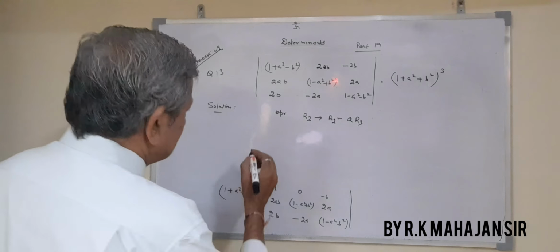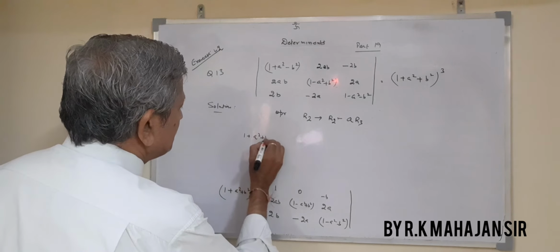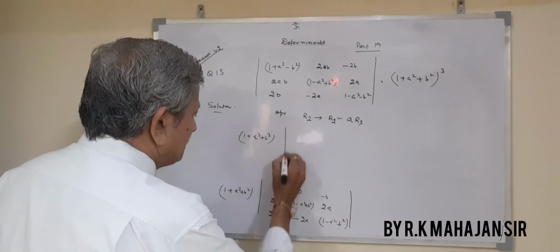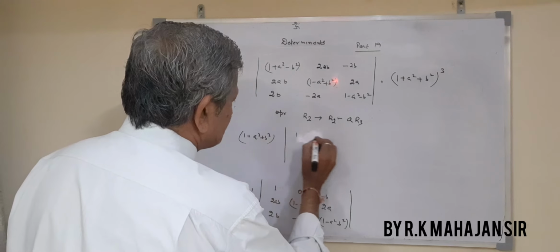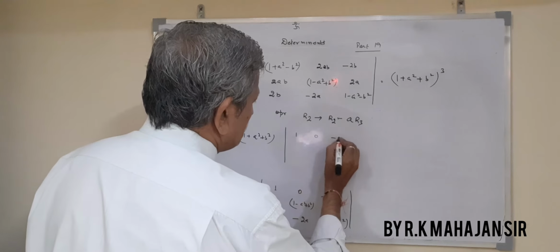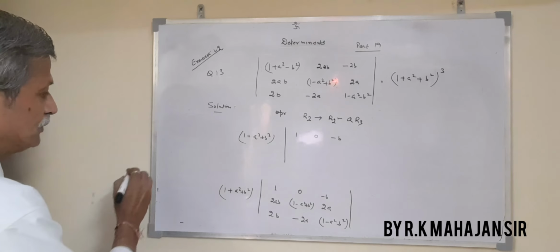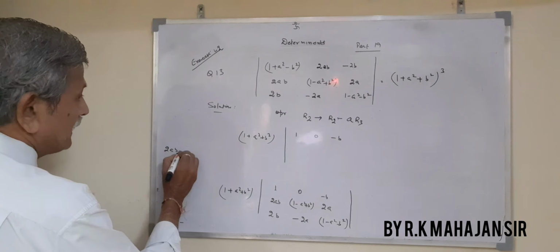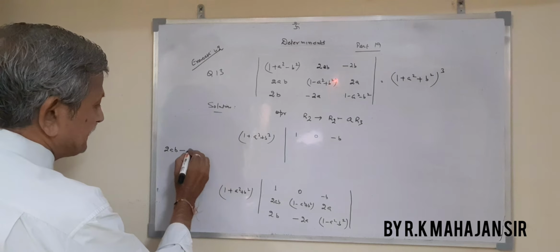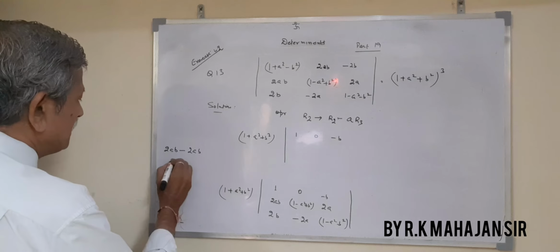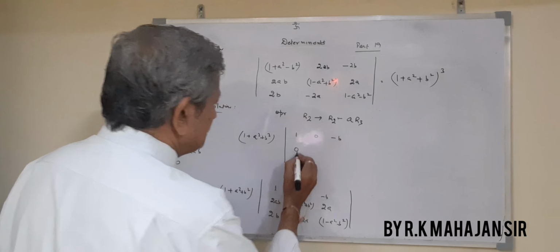Now you would find 1 plus a square plus b square as it is. Now in this case your first row will be the same, 1, 0, minus b. Then R2 is your 2ab, and with a minus sign a times of this, that means 2ab. So 2ab minus 2ab gives 0. So in this case you would find 0.